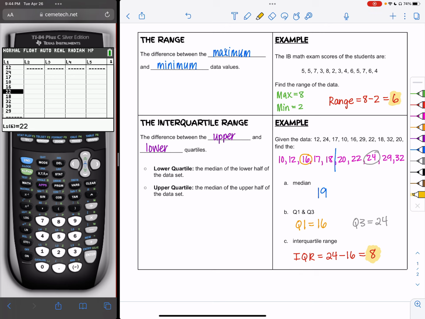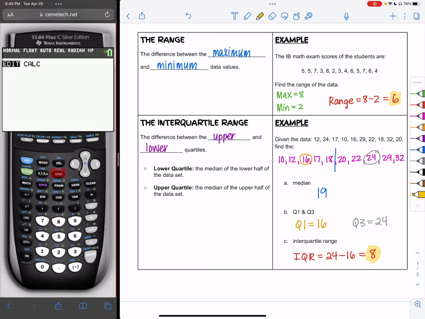I put that one at the bottom. A 22, 18, 32, and instead of that being a 30, that should be a 20. All right. So once I do that, I press Stat, go over to Calc, 1-Variable Statistics, and then I go here.